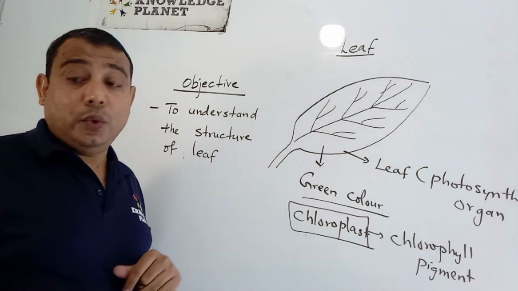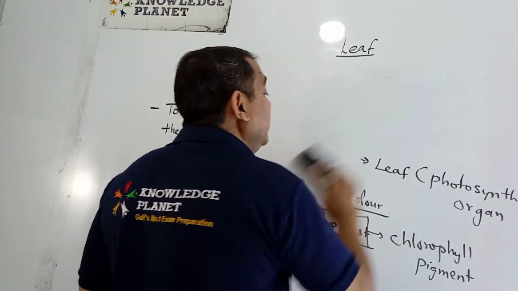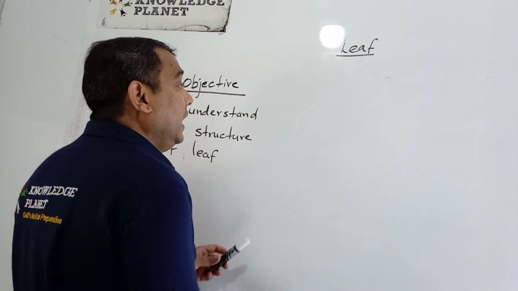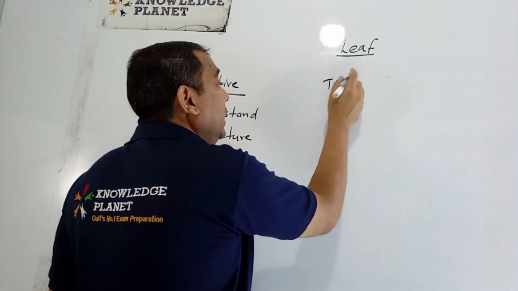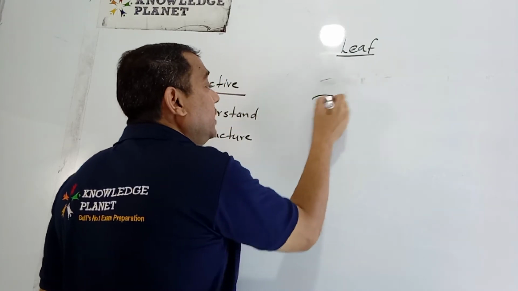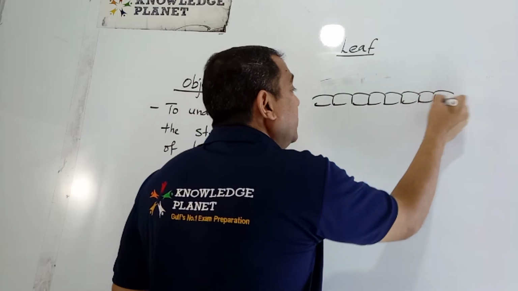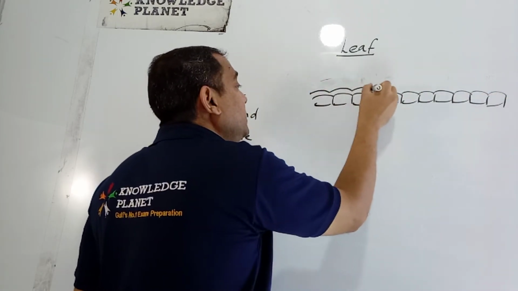And when you look in the leaf, if you observe very carefully, what is present? The leaf will have two layers. So what are the two layers the leaves will have? The leaves will have the upper epidermis. This is called the upper epidermis, okay?